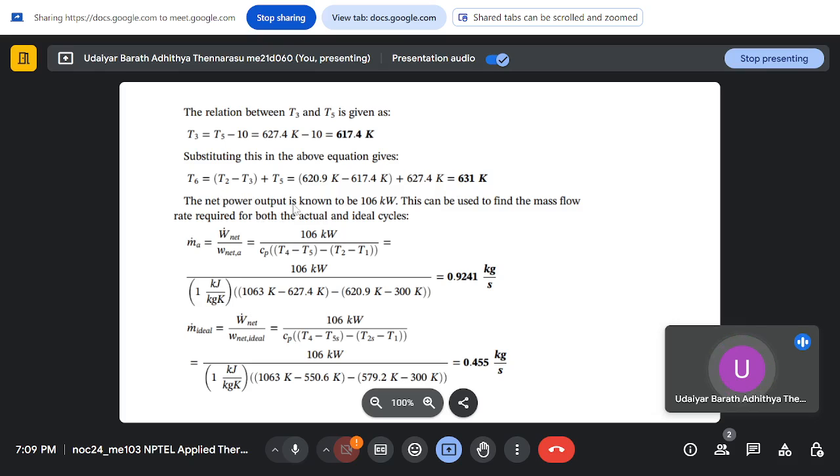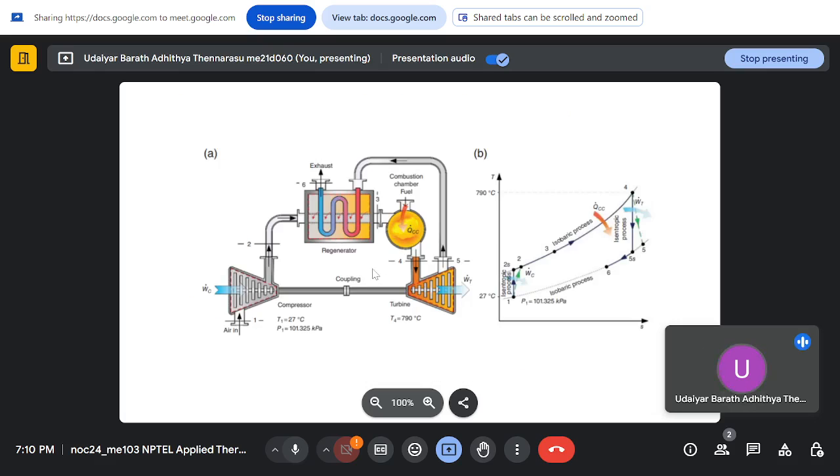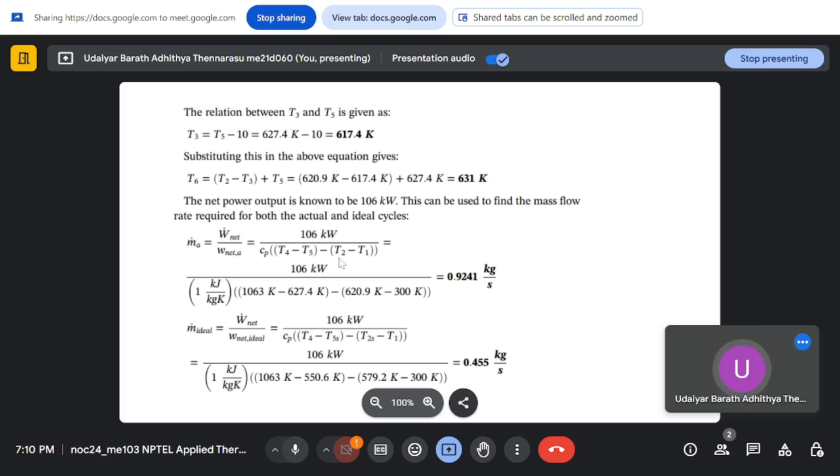The net power output is known to be 106 kilowatt. This can be used to find the mass of the air in circulation, which is W net divided by the specific net work output. Net work is 106 kilowatt, and specific work output is H4 minus H5 minus H2 minus H1. You can write that in terms of Cp T: Cp into T4 minus T5 minus T2 minus T1.